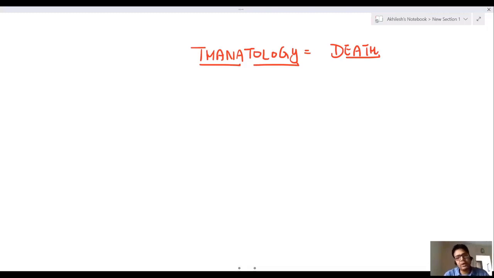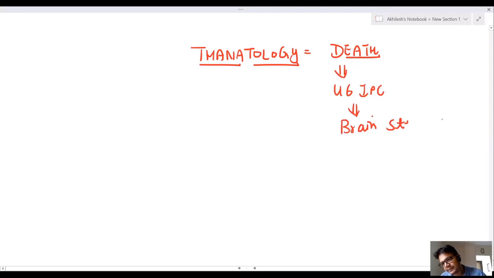Thanos is a god of death. Death is defined under 46 IPC, I already told you. Death is a death when the brainstem dies.